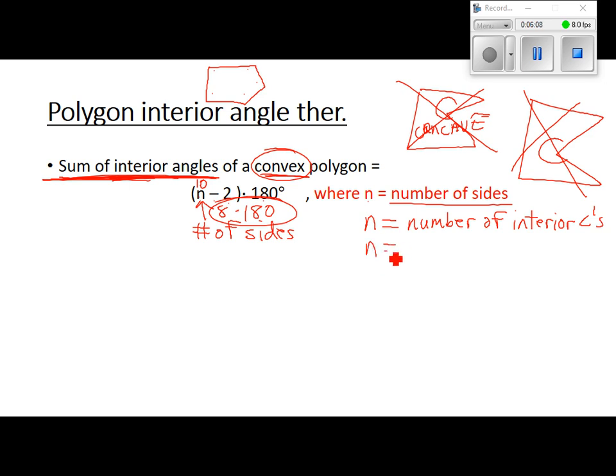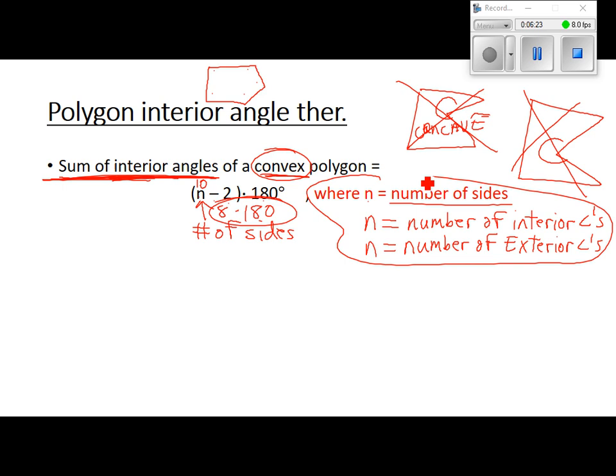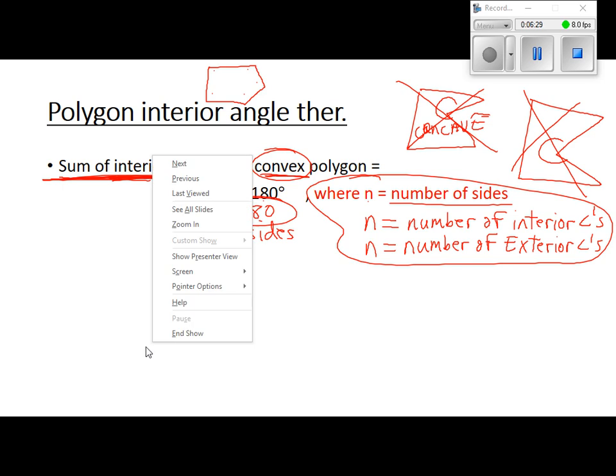N could also stand for what we're going to talk about here in a minute, the number of exterior angles. All three of those, the number of interior angles, the number of exterior angles, and the number of sides are always the same. So if a shape's got 10 sides, then it's got 10 interior angles, and it has 10 exterior angles.